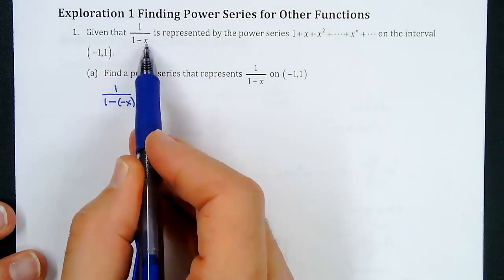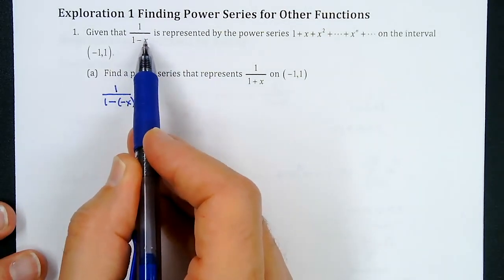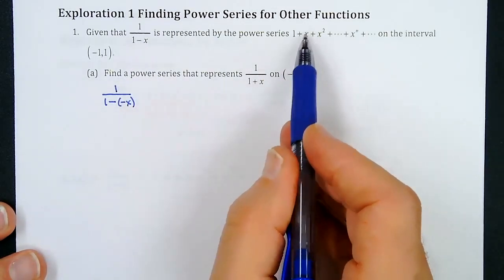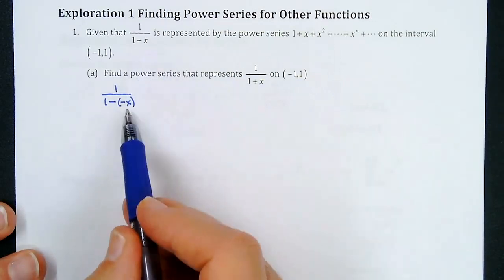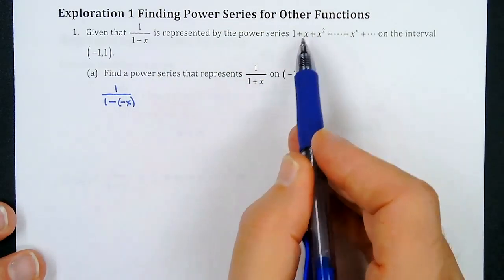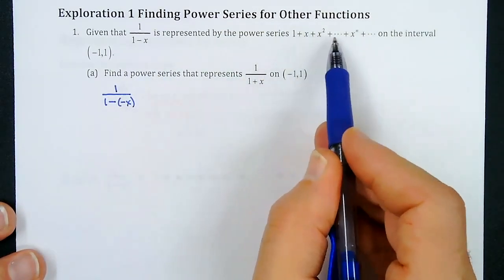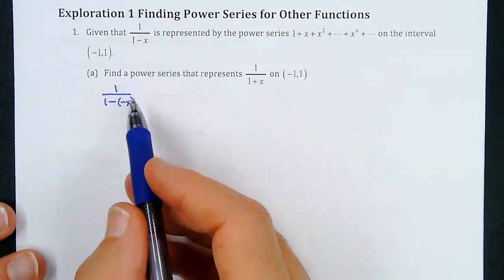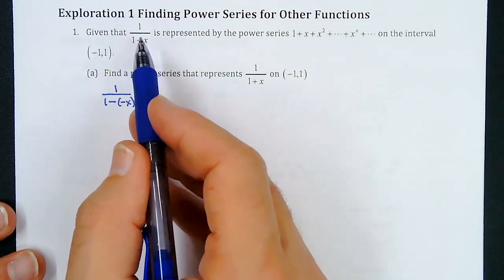Where we see x here, what's x here is actually negative x in this one. So we rewrite it, and everywhere we see these x's up here in the series for this one, we put negative x. Basically what we did is we got this one to match this one.